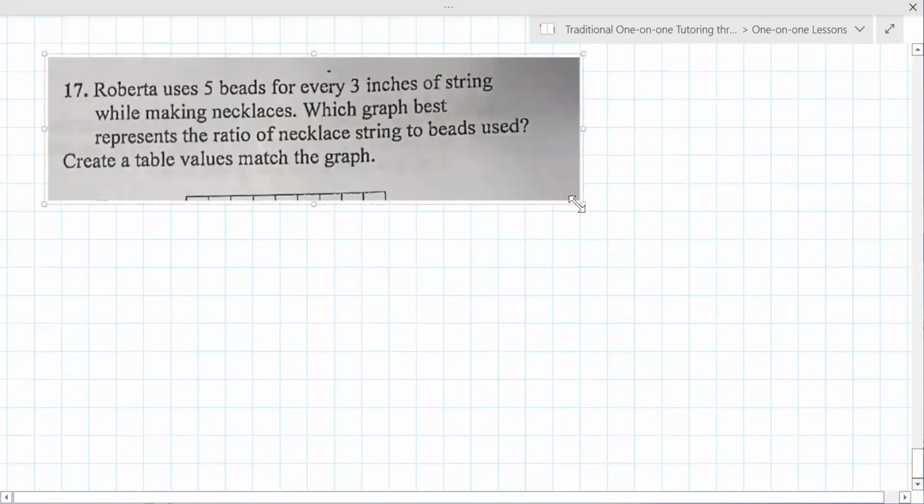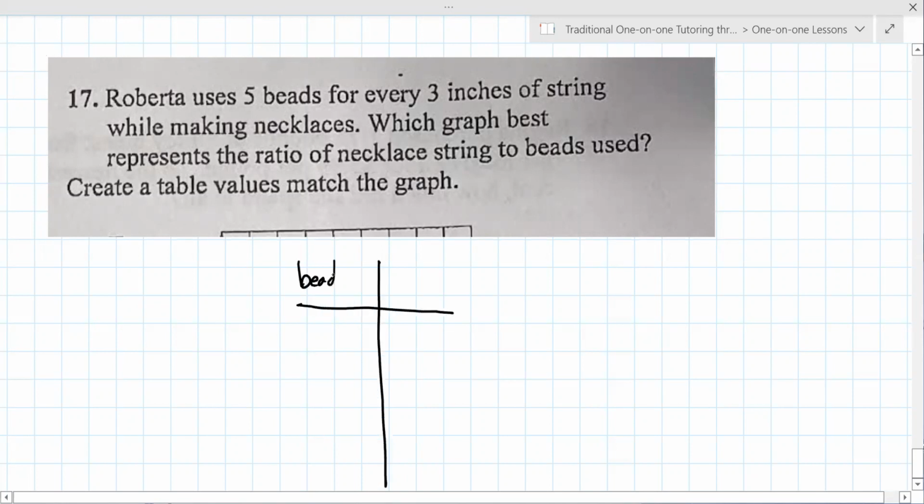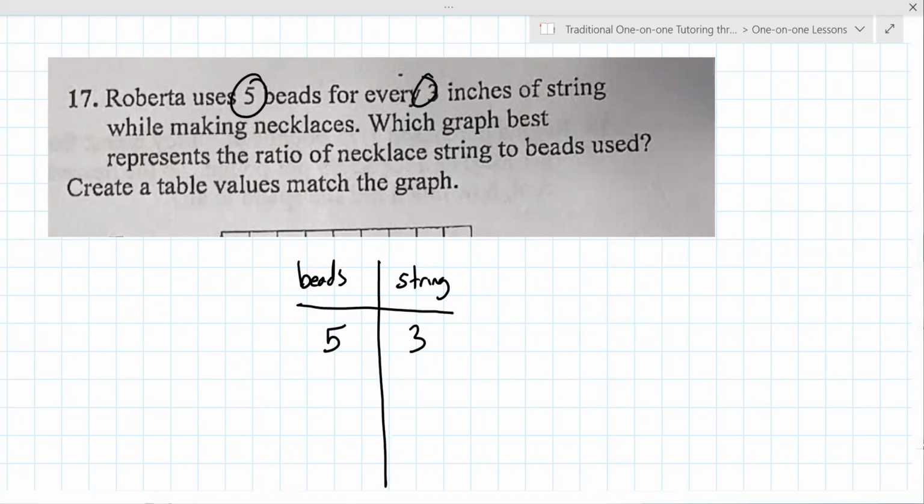So it says Roberta uses 5 beads for every 3 inches of string. So here's beads, and here's string. So 5 and 3, those are the given pieces of information.